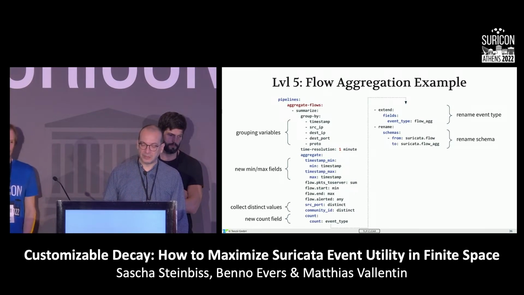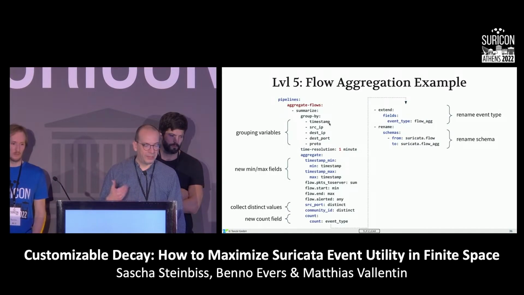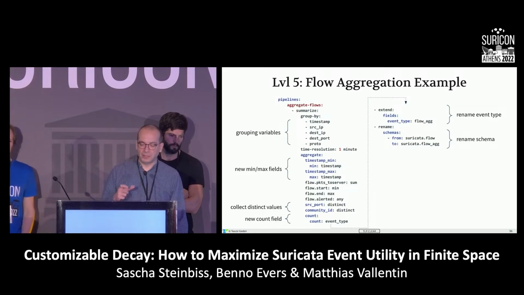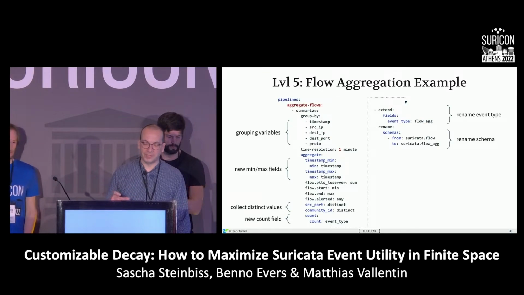So let's take a look at the summarize operator first. The first set of configuration items that we can specify is a set of fields that serves as the criterion for aggregation, right? Whenever a tuple containing the contents of these fields is identical, the corresponding EVE JSON objects are candidates for aggregation.